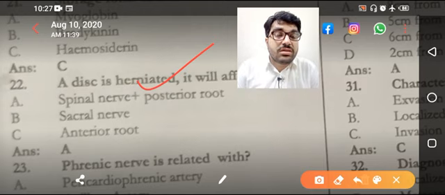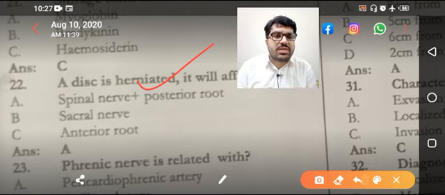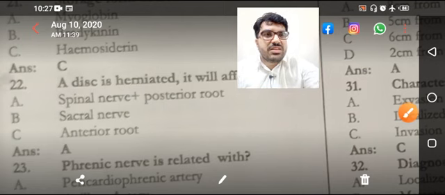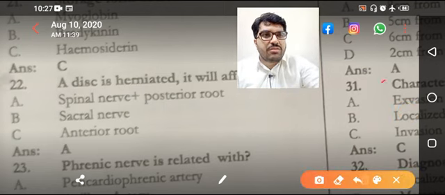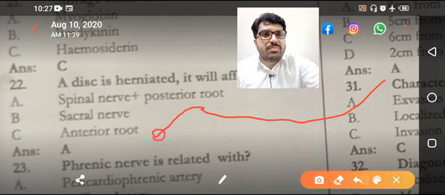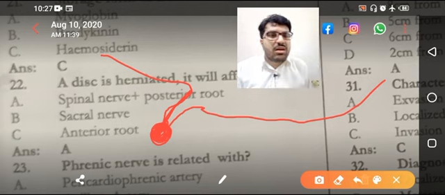With this, there is another MCQ that comes to my mind. Which nerve has no synapse? The answer is the spinal nerve, because these are pseudo-unipolar neurons. So if this is the neuron of the spinal nerve coming, on the dorsal root ganglion there is condensation of cell bodies, and then the projection comes from it and enters into the spinal cord.